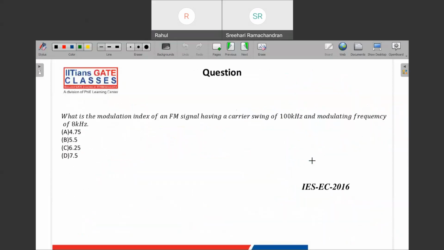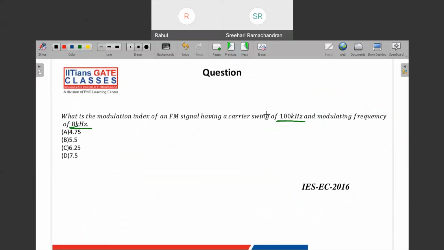Okay, so let's see this problem. What is the modulation index of an FM signal having a carrier swing of 100 kilohertz, and the modulating frequency is 8 kilohertz? Here we need to understand what exactly this question is asking.